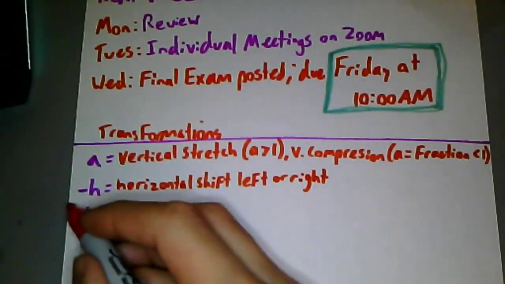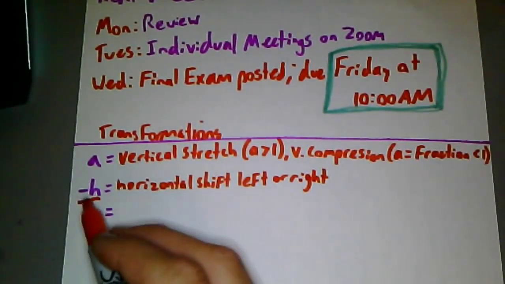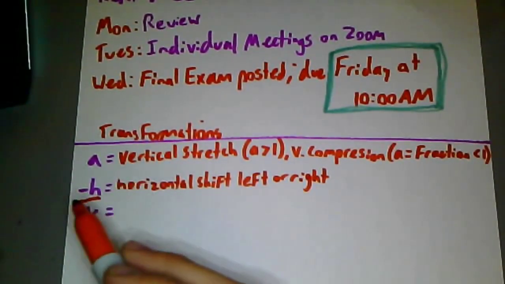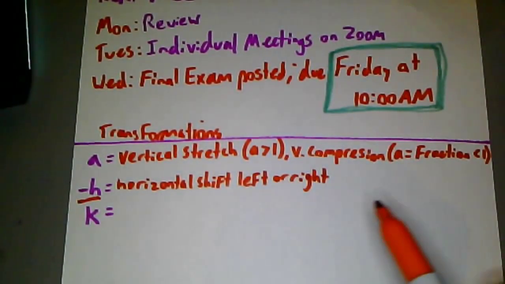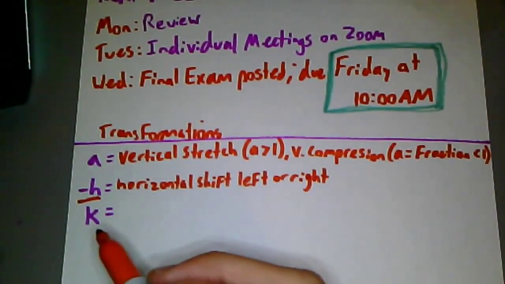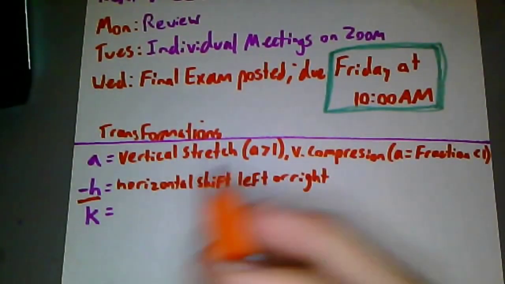And remember, with H, the reason I wrote that negative is you do the opposite of what it says. So if it's x plus 3, that would change to minus 3, so you go left. If it's x minus 3, that would change to plus 3, and you'd go right.